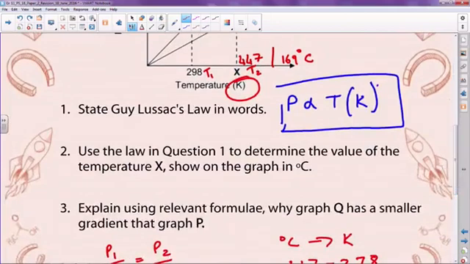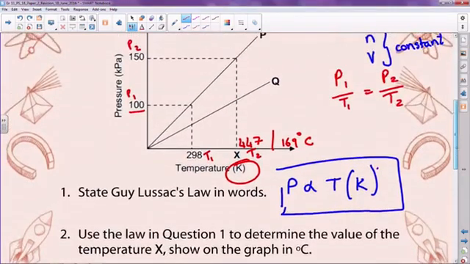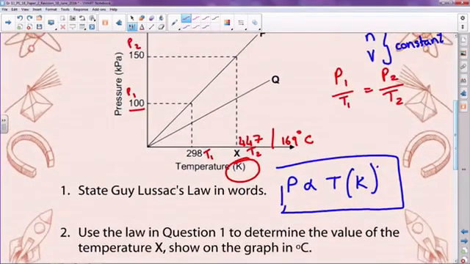Then the next question would be to explain using relevant formulae why graph Q has a smaller gradient than graph P. I'm not going to worry about the formula on that too much, and I'm not actually worried about you doing the question. Let's go through it together.